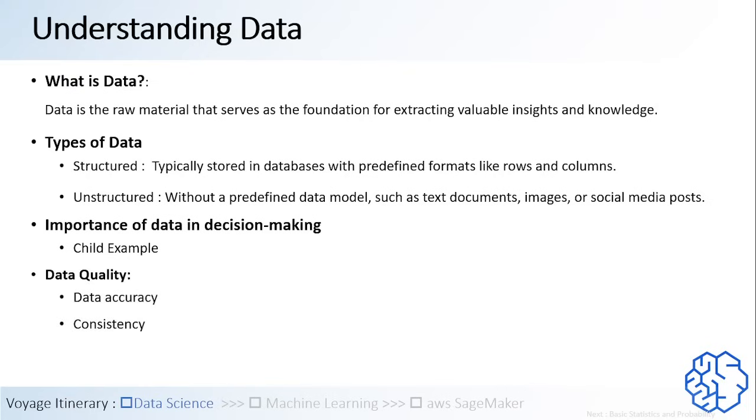Now let's talk about 2 points, which is the data quality, right? Data accuracy and consistency. Now the decisions that a child is going to make will very much depend on the quality of data that we are going to give, right? Again, child sitting on an edge of the sofa, if you just say you will fall, and if you don't provide a context that because you are sitting on a sofa which is higher from the ground, you may fall, right?